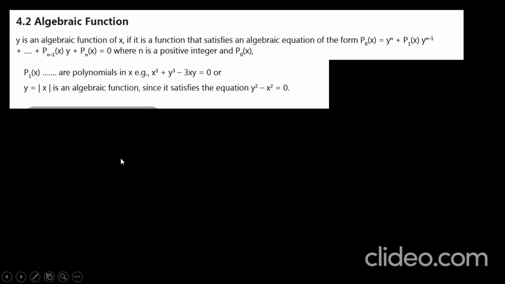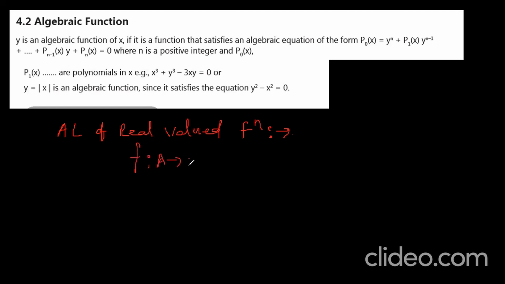Algebra of real valued functions. Let us take f maps A into B. This is a function. The first condition: if A is a subset of or equal to R, then f is called a real variable function.